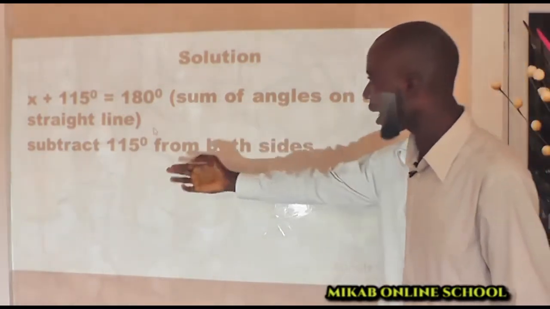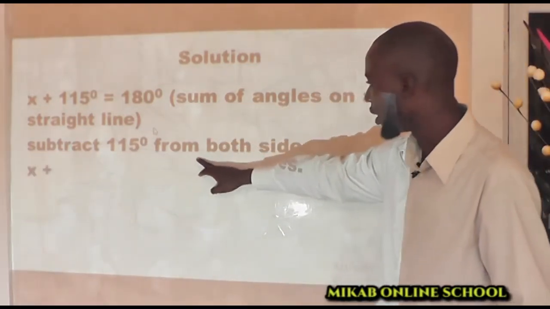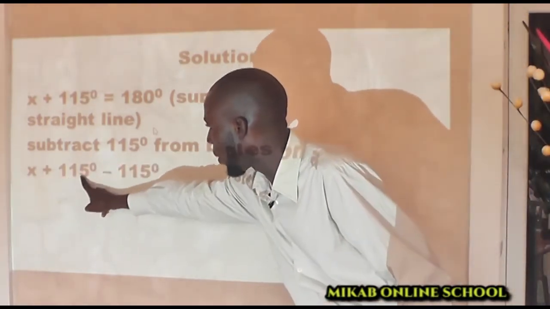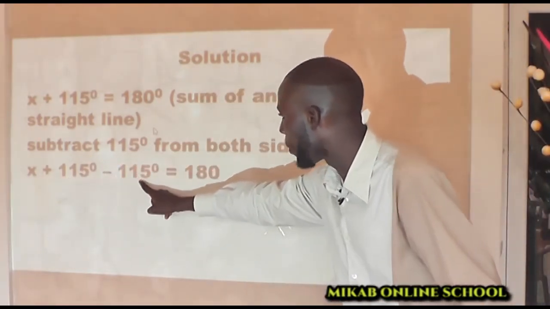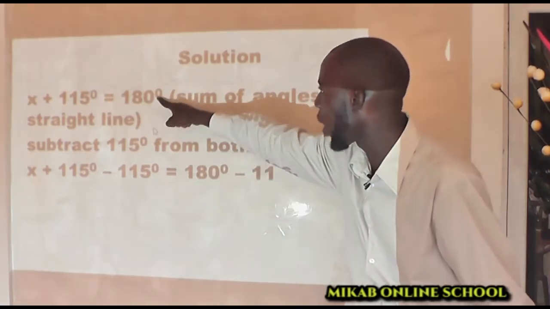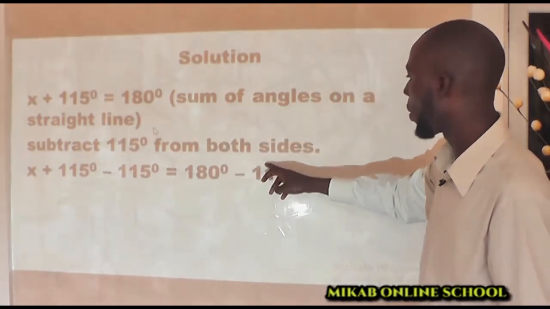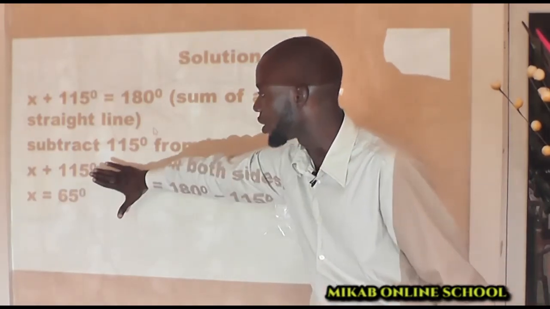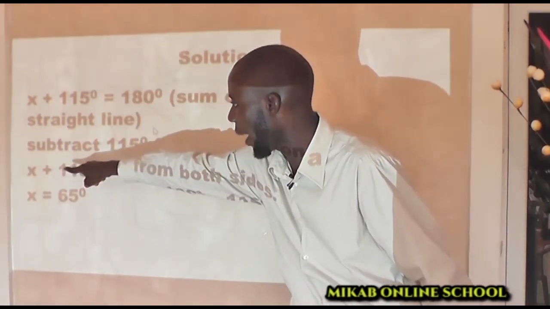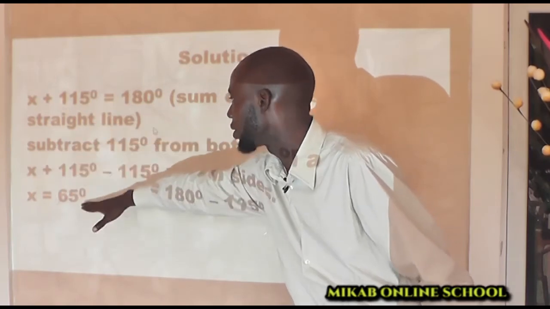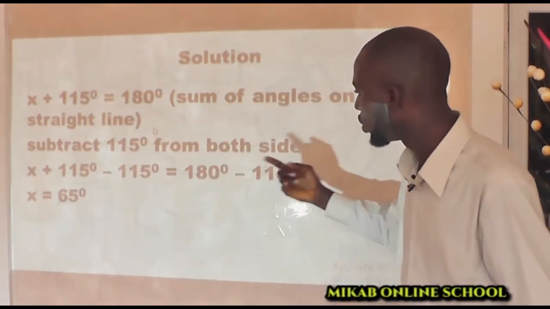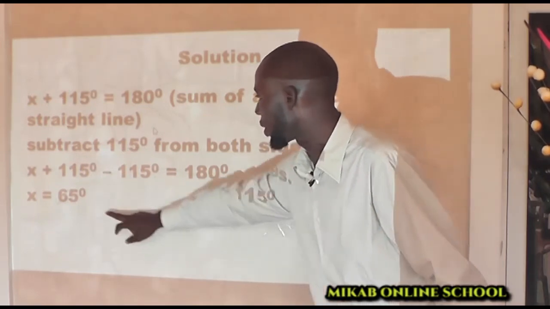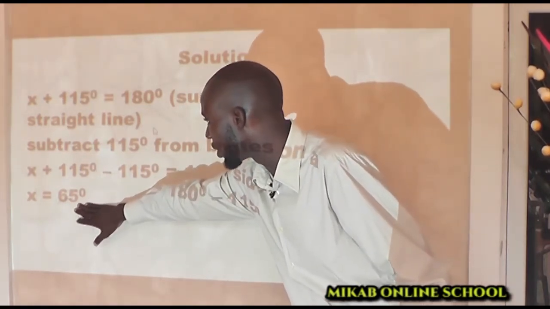If you now subtract 115 degrees from both sides, we have x plus 115 degrees minus 115 degrees equals 180 degrees minus 115 degrees. And 115 degrees minus 115 degrees will be 0, so you are left with x at the left hand side. On the right hand side, you have 180 degrees minus 115 degrees, and the result gives us 65 degrees.